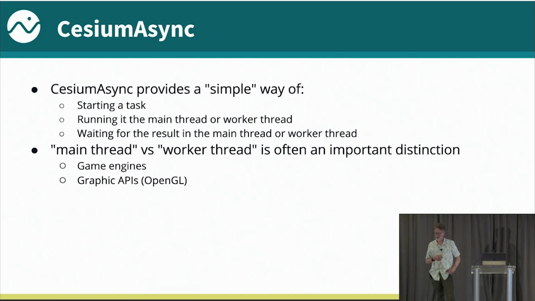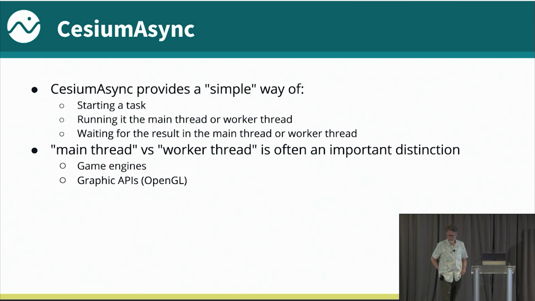I'll get to that in a second, why we care. And then really the biggest thing you see in the code is where you're going to deal with the result of one of these futures once it becomes ready. Cesium async automatically provides the place for you where you will receive the results.